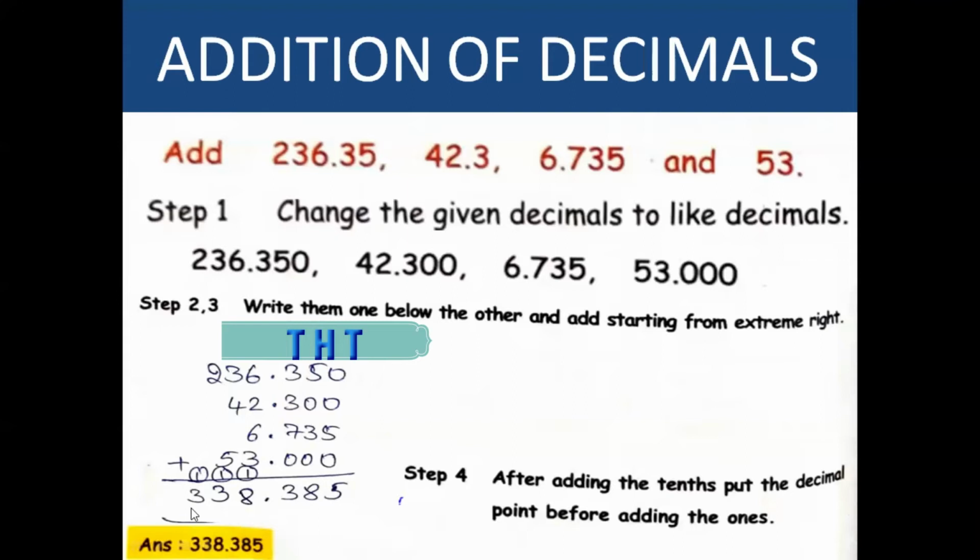Step 4. After adding the tenths, put the decimal point before adding the ones. Decimal point as it is.